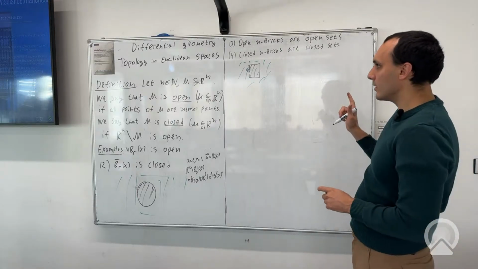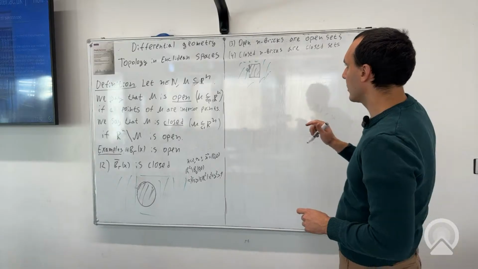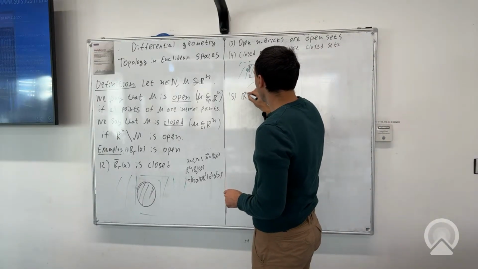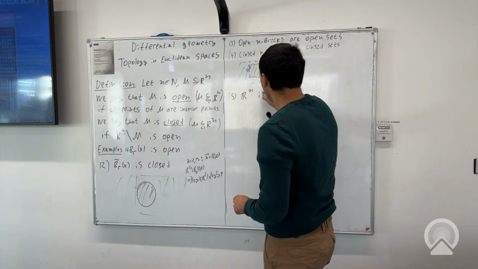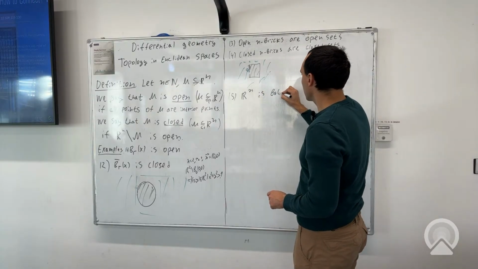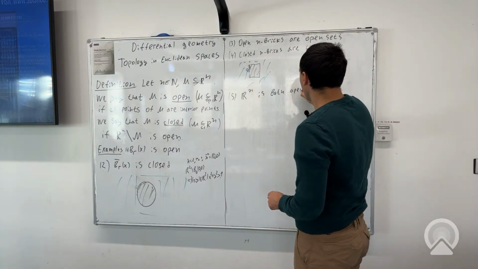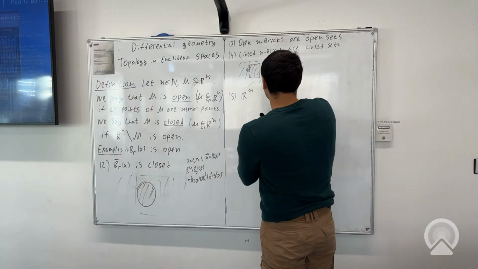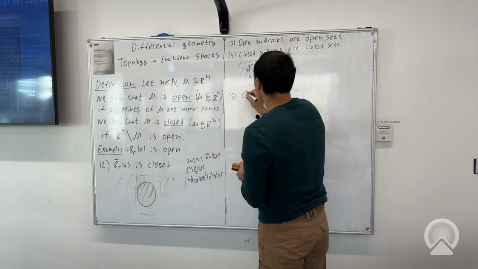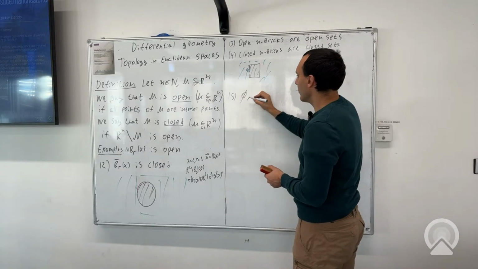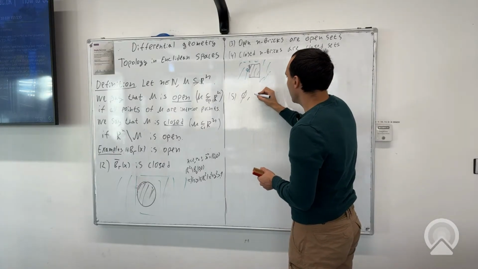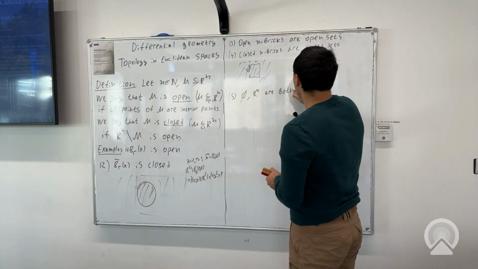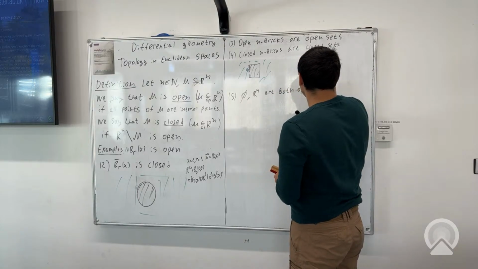Now, an interesting thing. Rn is both open and closed. So Rn and the empty set are both open and closed.